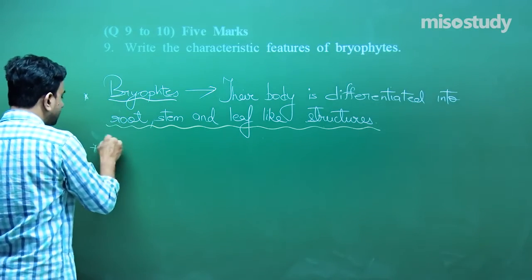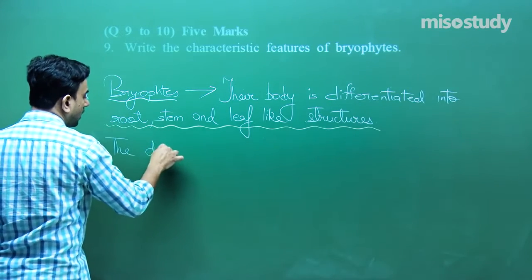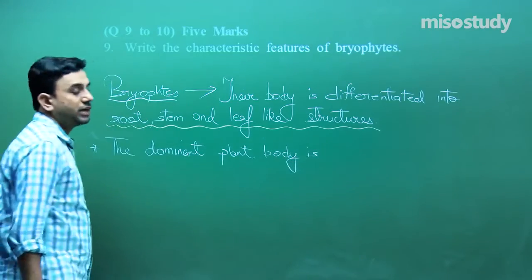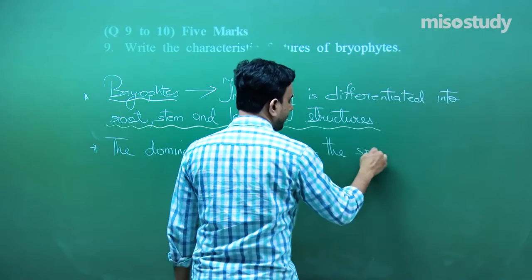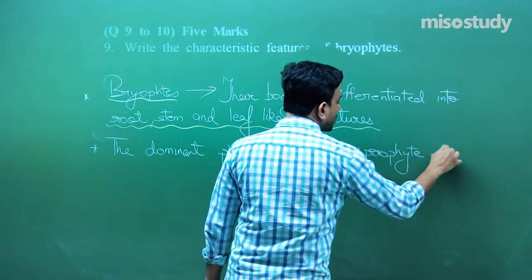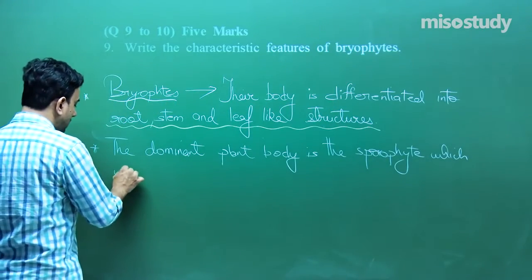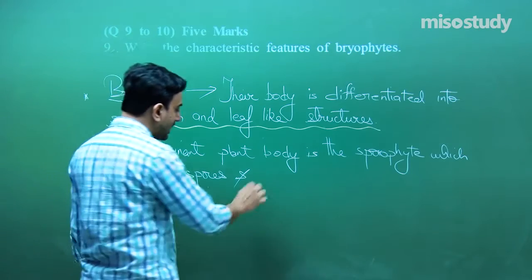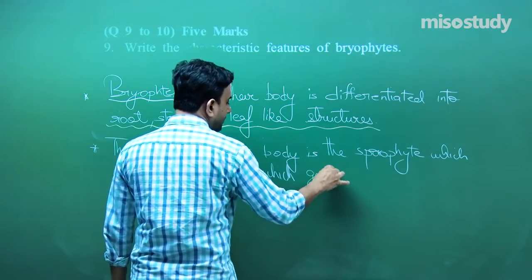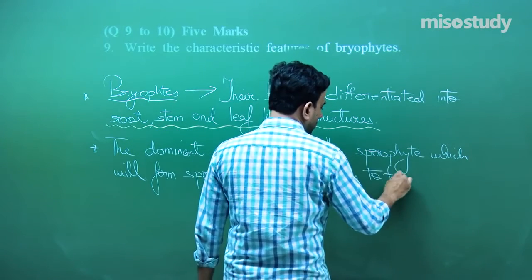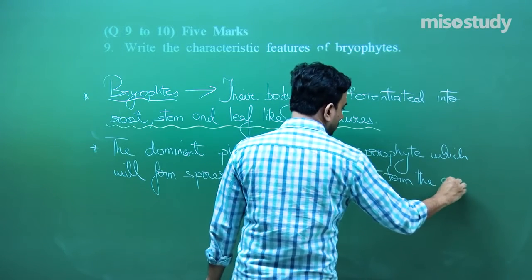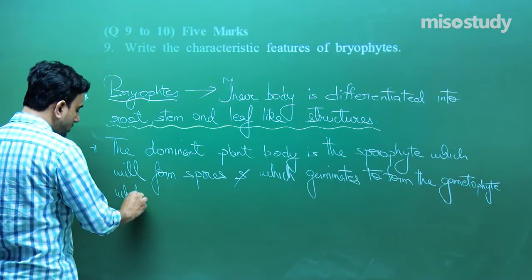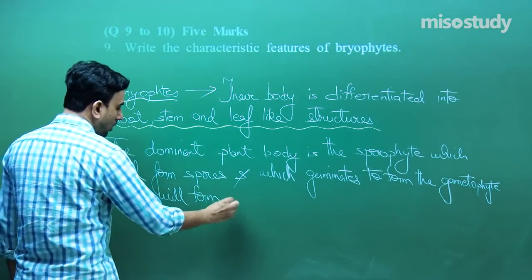Here the dominant plant body is the sporophyte, which bears the spores, and which germinates to form the gametophyte, which will form gametes.